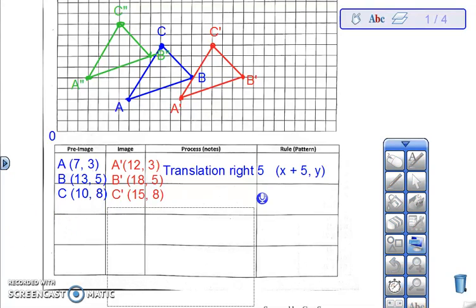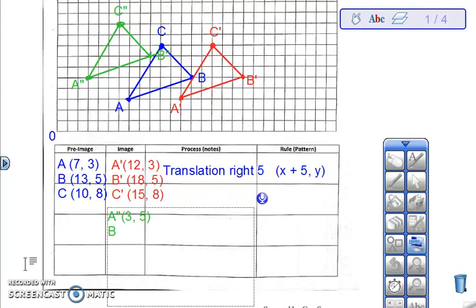Okay, so if we find our new points, just like we did with the red triangle, we can just count out the spaces. So it looks like the new A is located at 3 and 5.